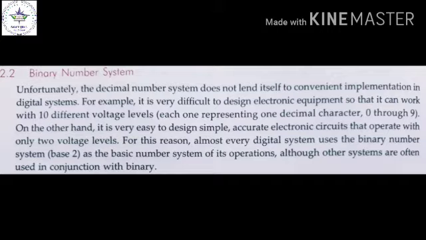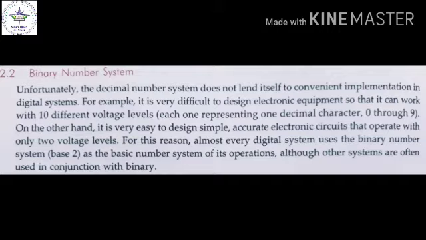In the binary number system, there are only two symbols or two possible digit values, which are 0 and 1. So, any number is formed with the help of various combinations of zeros and 1s.